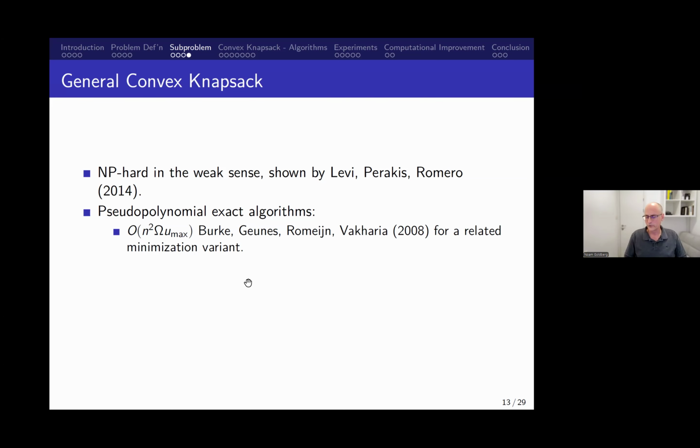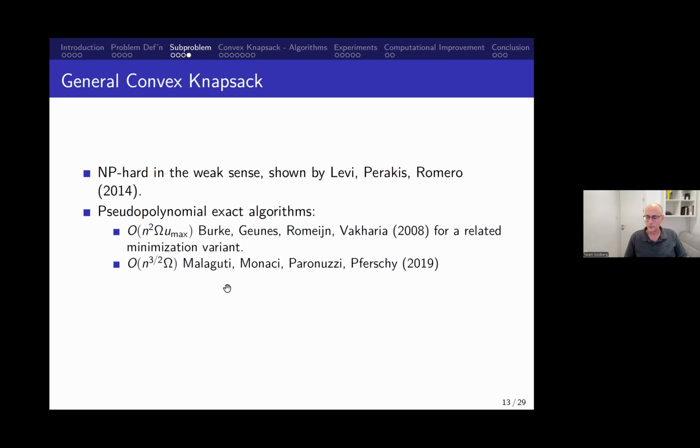The first is a closely related minimization variant suggested earlier. It has a very significant complexity, pseudo-polynomial but quite high, by Burke et al. And more recently there is this result by Malaguti et al., 2019.